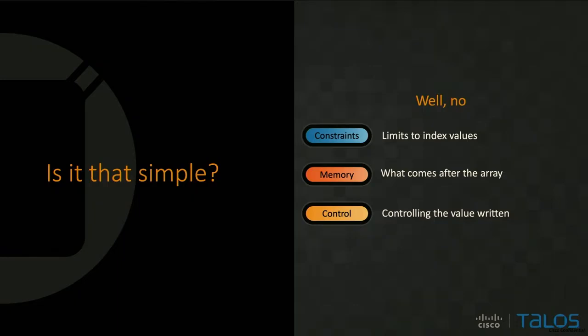We have limitless possibilities to control the layout of the memory because we have that bytecode interpreter, but it can be difficult to foresee what's the most exploitable path. And then we have the question of controlling the value that's written, because that changes the values of the points just a little bit, so we don't have full control over the overwrite.